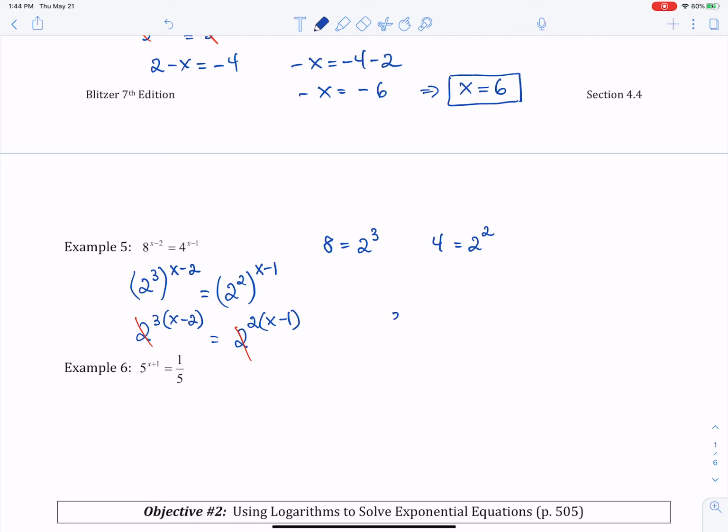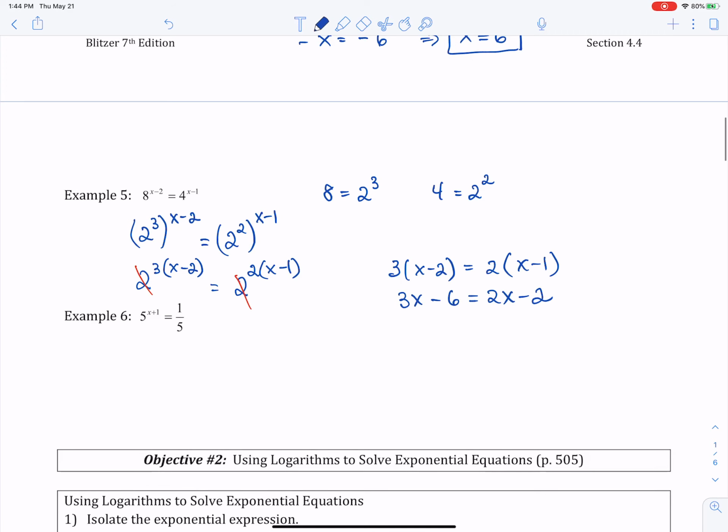Then 3 times x minus 2 needs to be equal to 2 times x minus 1. Distribute the 3 and the 2. 3x, 3 times negative 2 is negative 6. 2 times x is 2x, and 2 times negative 1 is negative 2.